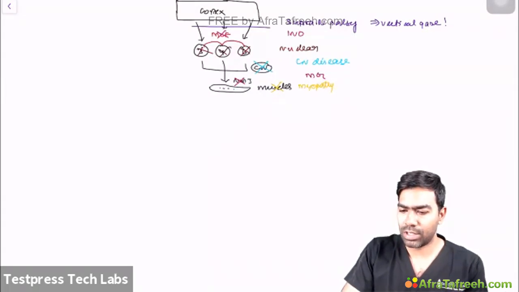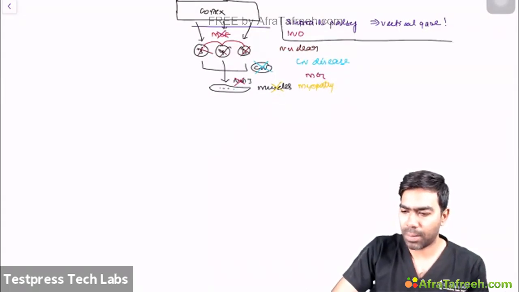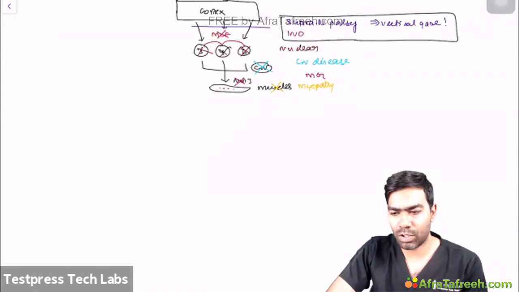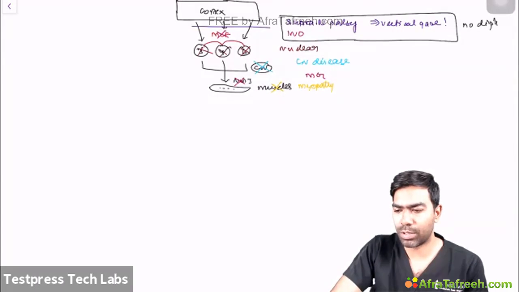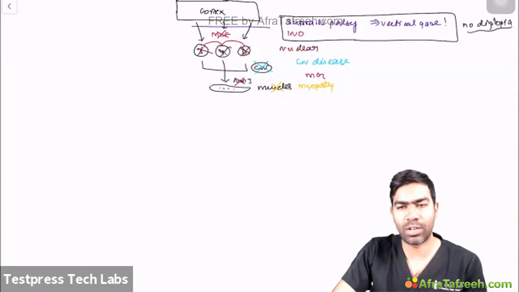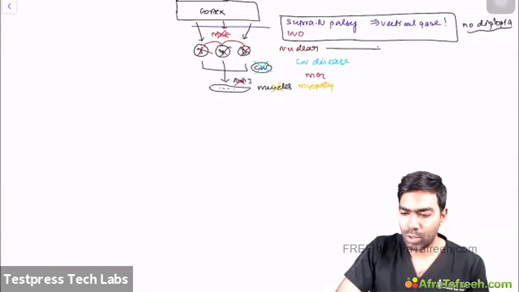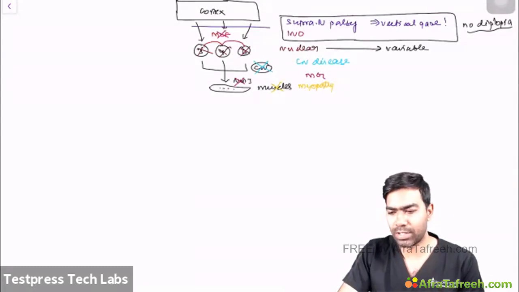So usually the supranuclear palsy and internuclear ophthalmoplegia will produce ophthalmoplegia, but they generally do not produce diplopia. The patient's primary symptom will not be diplopia here. That's very classic, and that's how they present clinically. Nuclear lesions are variable. They can produce or may not produce diplopia.